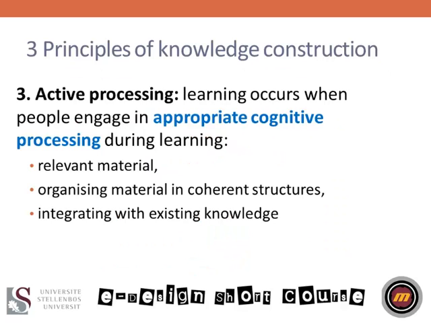The third principle is then, once a learner has received in the correct way from these channels the information or the sensory markers, there must be active processing. Learning occurs when people engage in appropriate cognitive processing during learning. And the appropriateness comes from having relevant material. We'll see later on how doing away with redundant external information or visuals or even music can be harmful.